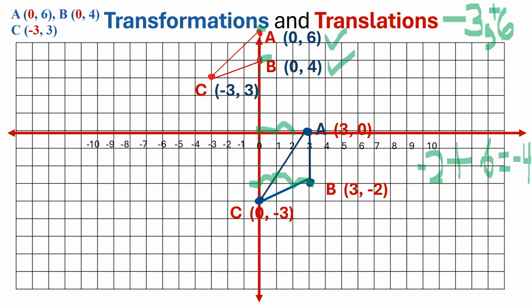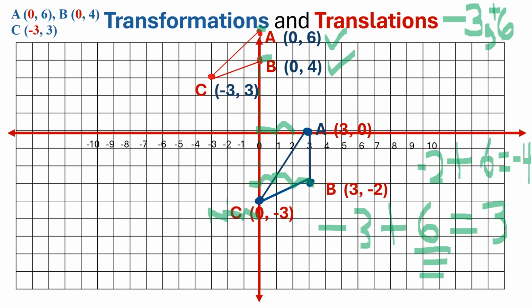Over here you were at 0, so you just started here, but you had to go over 3. You're not going up, you're going over. 1, 2, 3. Then from there you're going up 6, but this is -3 plus 6. This is the larger value, equals +3.